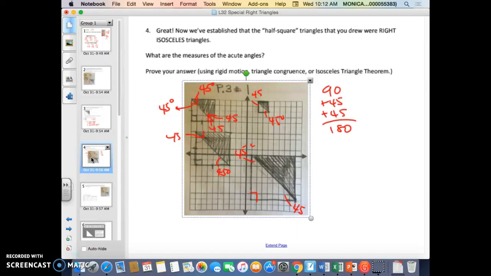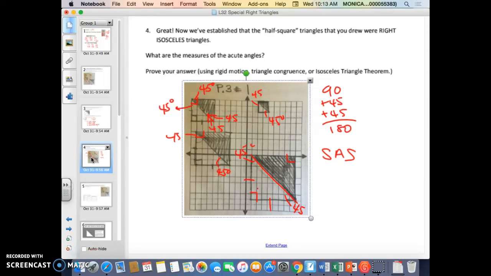Another thing you could do is fold the triangle along its diagonal, and if you reflect it along the diagonal, you should also notice that it lands on itself. So we can prove that these triangles are congruent several different ways. We know these sides are congruent, and we know this angle is congruent to this angle, so we could use side-angle-side.